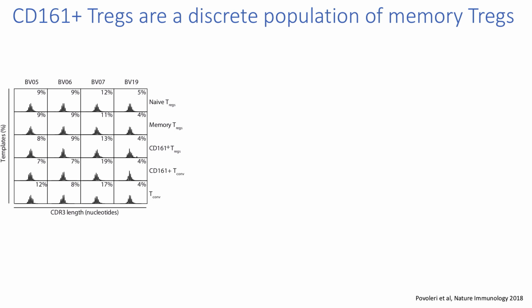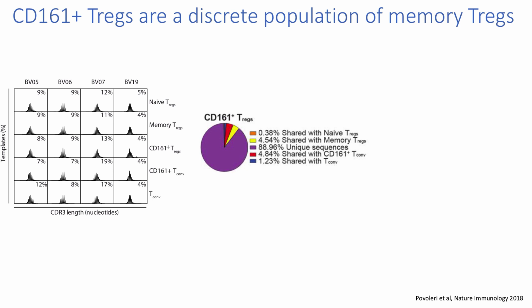Here, as you can see, all the populations we analyzed, so we always focus on naive Tregs, which have been defined before as population 1 of Tregs, memory Tregs, which compose the majority of population 3 as previously described, and then CD161 positive Tregs, as well as CD161 positive conventional T cells and the totality of the conventional T cells. You can see that the population is mainly polyclonal, so there is not an expansion of a single cell that takes the majority of the population of CD161 positive Tregs.